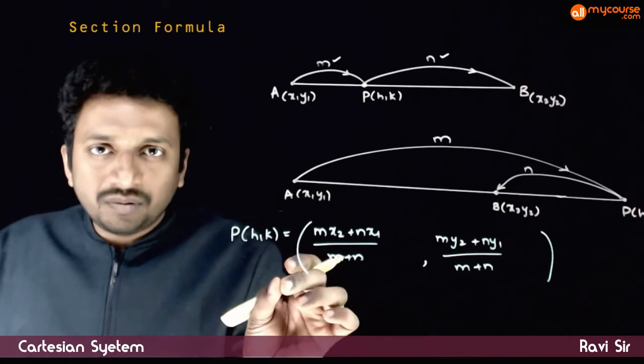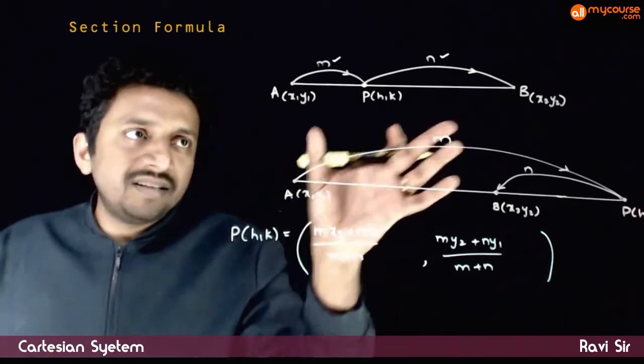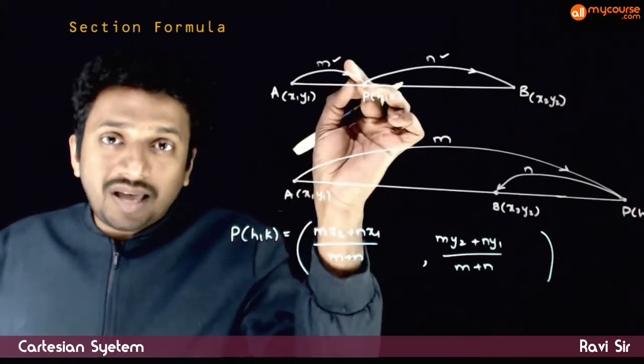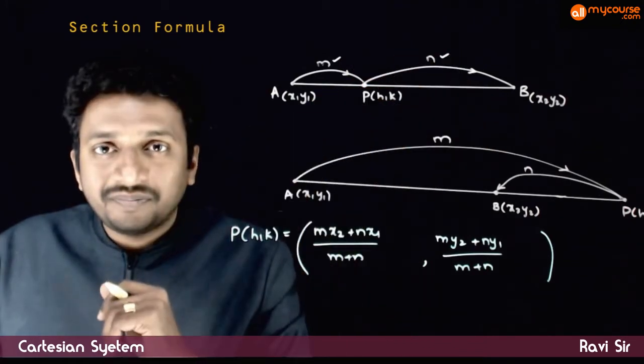So this gives you the point which divides AB in the ratio m:n internally.